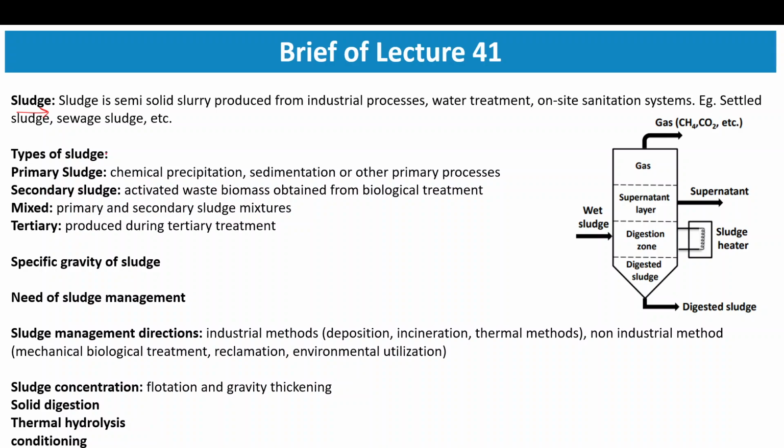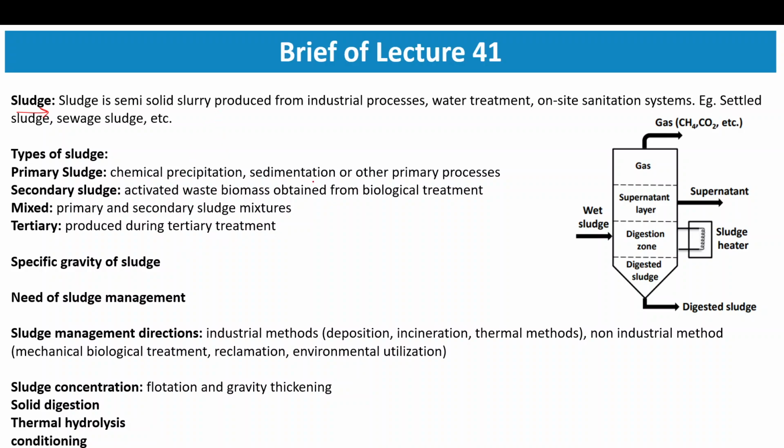And so depending on the treatment type, we have divided the type of sludge as primary sludge, secondary sludge, or mixed sludge, which is generated from primary and secondary, like it is a mixture. And tertiary sludge is nothing but the one which is generated from tertiary treatment.